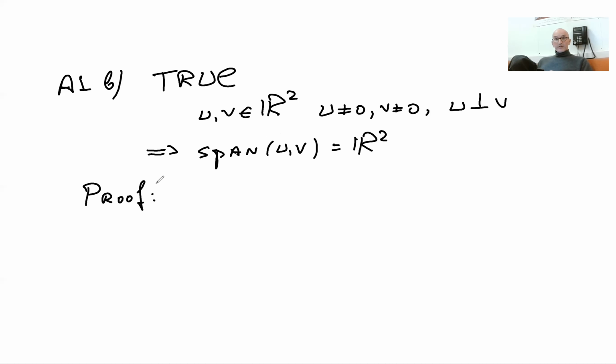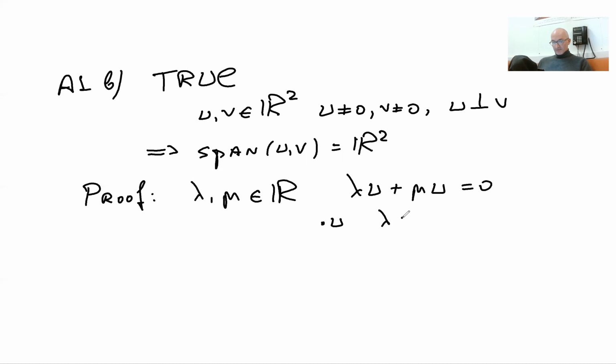Okay, so first, there's many ways how to prove it. The easiest way is probably to show that they are linearly independent. Yeah, so for example, suppose they're dependent. So, okay, let's take some combination. Lambda, mu, some real numbers. Take a linear combination of these vectors, and assume it's 0. Then what happens if I take a dot product of this with u?